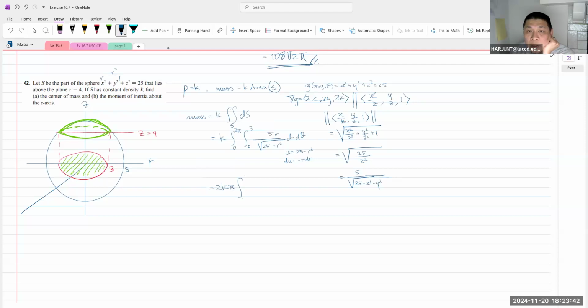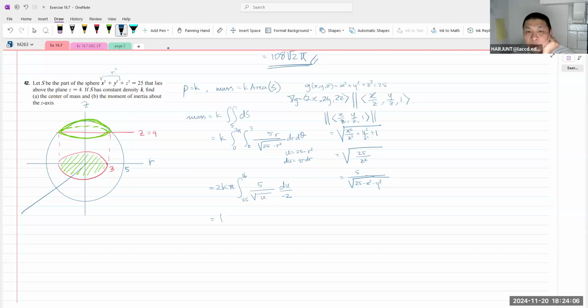That will be 25 here, 9, that's 16 here, 5 over square root of u, and r dr becomes du over negative 2.